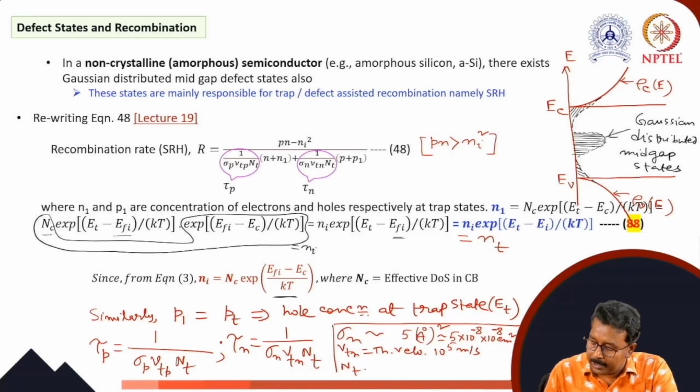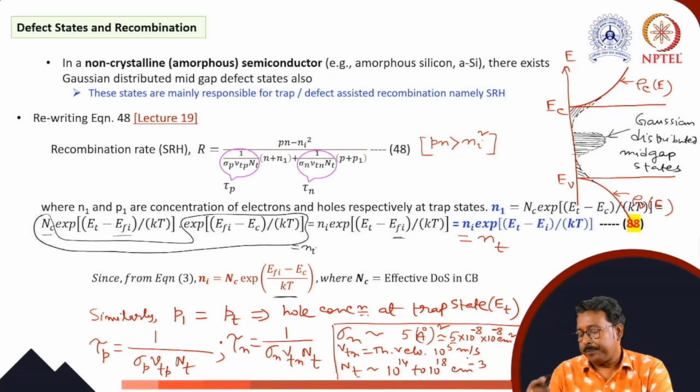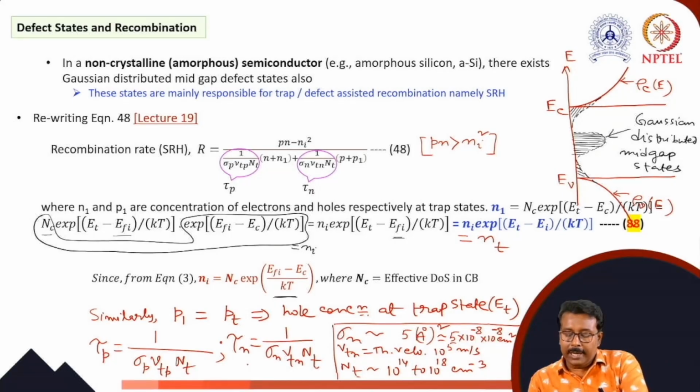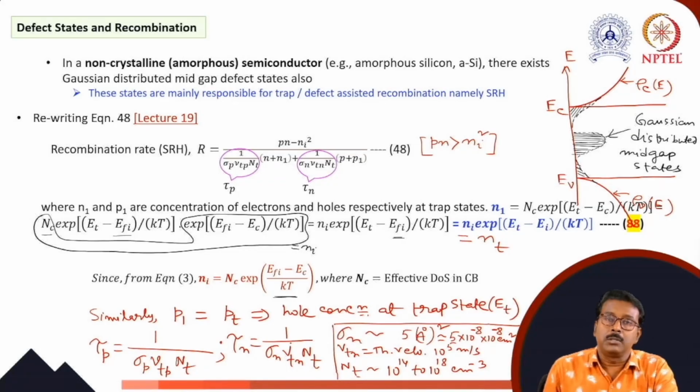And Nt, the density of trap states, varies say 10 to the power 14 to 10 to the power 18 per centimeter cube. So by putting these values, you can get the tau value in the order of nanosecond or picosecond.